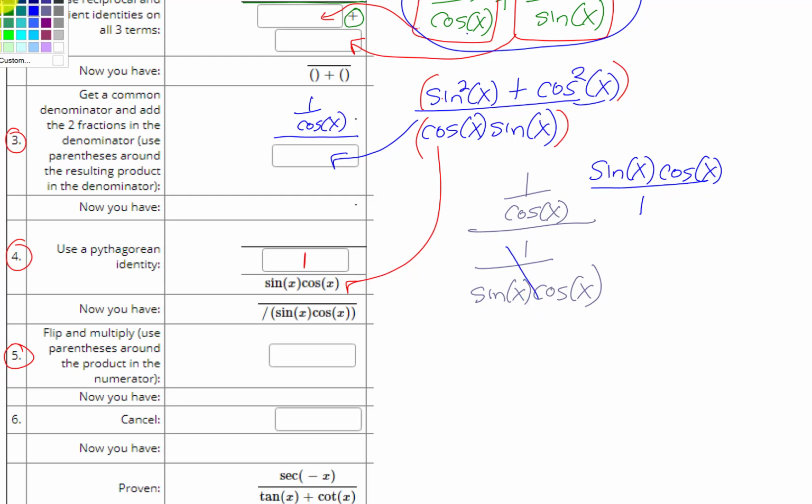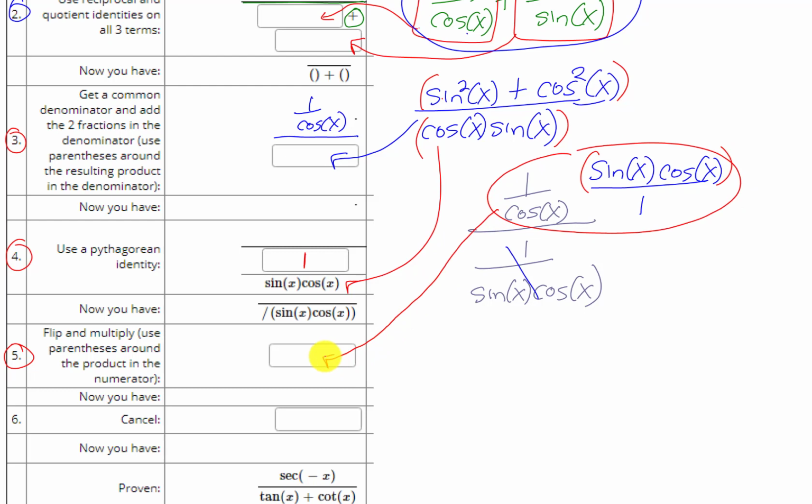And what it's telling us here is we need to have parentheses around this, so we know that's all part of that. All right, so that's what will end up going in this box, except that it did say to multiply, so we don't need these times 1s. So it's going to be a sine x cosine x in parentheses over cosine x.